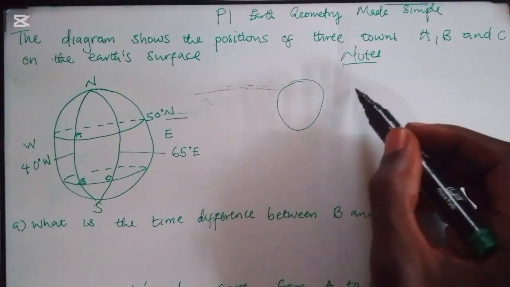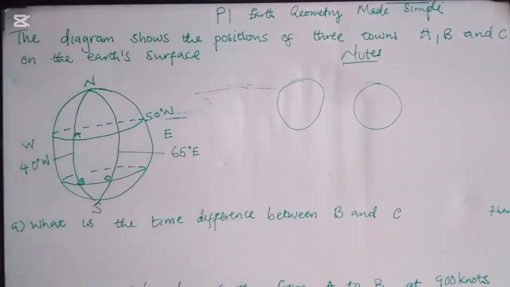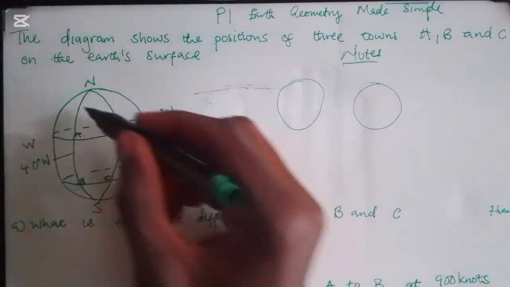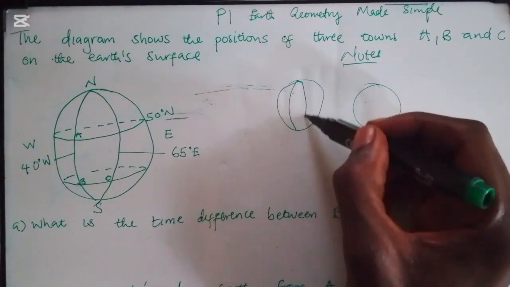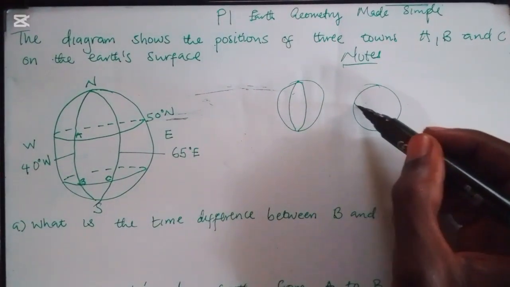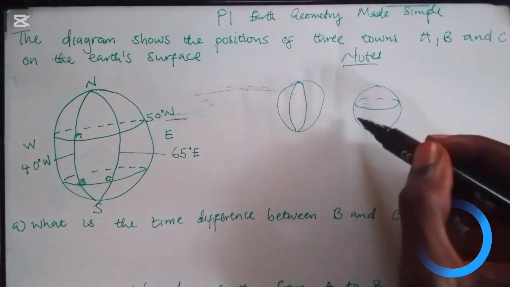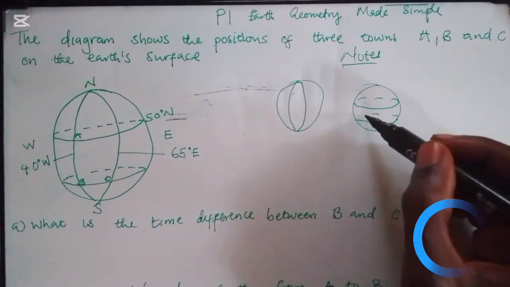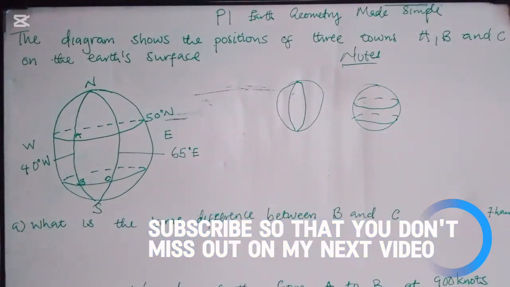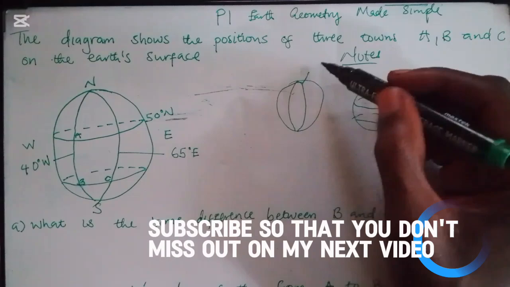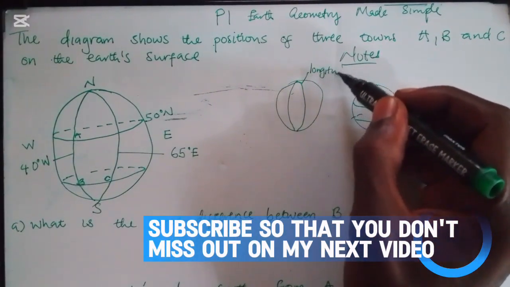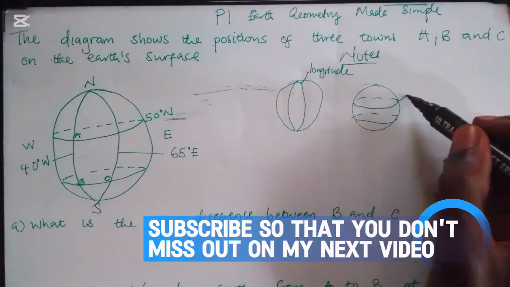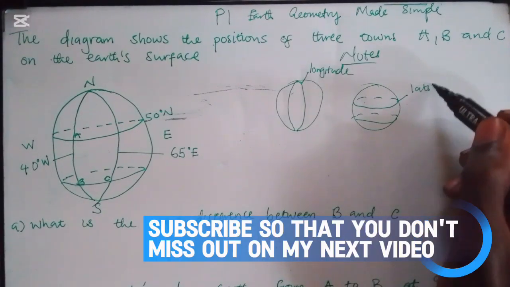So I'll basically draw 2 diagrams. In the first diagram, I'll draw these long lines. Then in the second diagram, I'll draw these short lines. The long lines you are seeing here are known as longitude. And these lines are known as latitude.